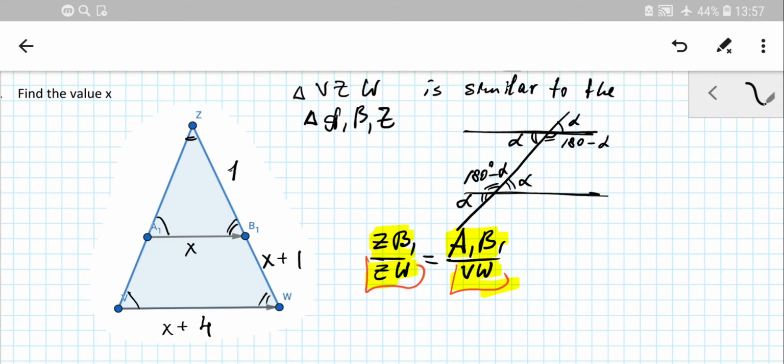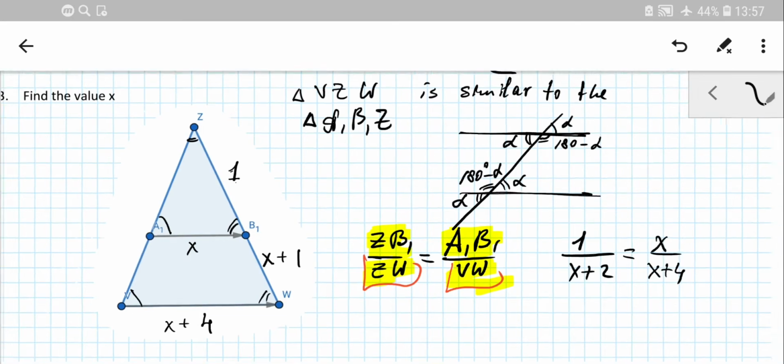So instead of ZB1 we put 1, and it relates to ZW. ZW is the total of 1 and x plus 1 together, so we get x plus 2. And next, A1, B1, that's x, over 2x plus 4.